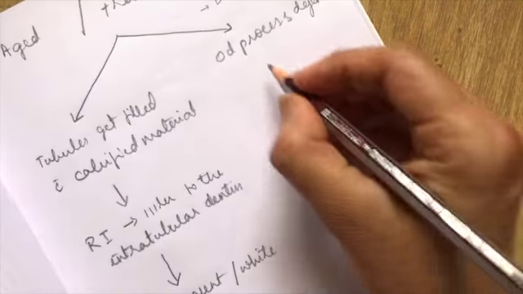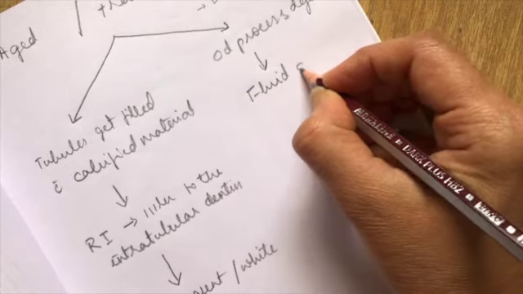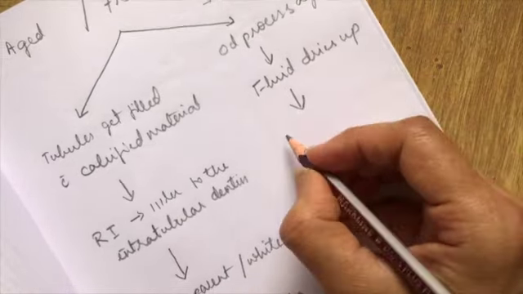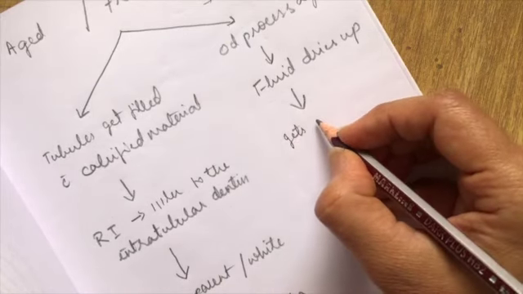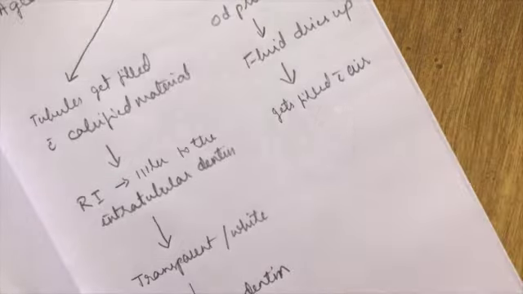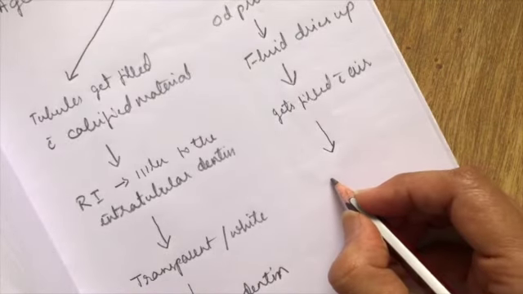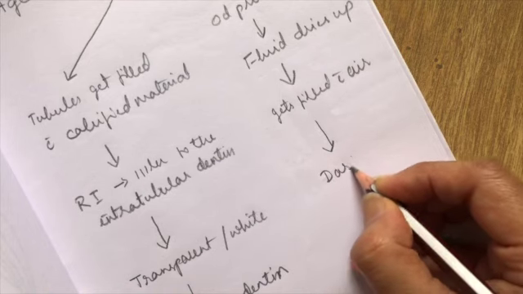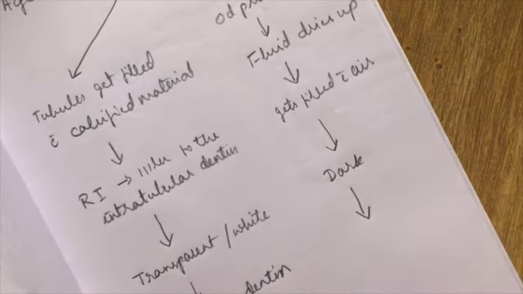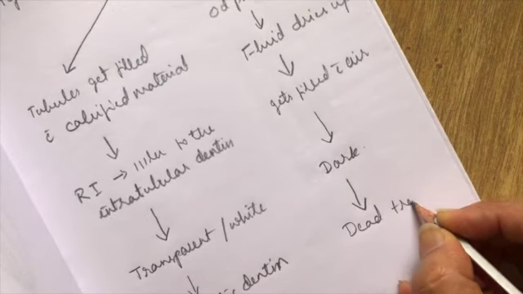And the fluid dries up, the dentinal lymph dries up. So the tubule gets filled with air, and this under the microscope will appear dark, basically under transmitted light, and because of this is called dead tracts.